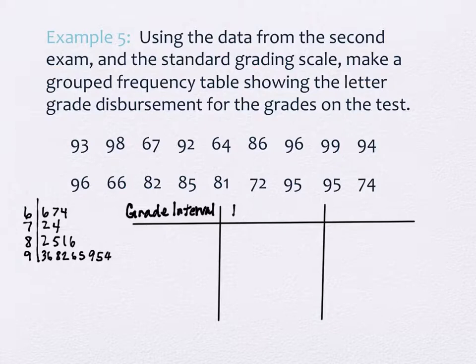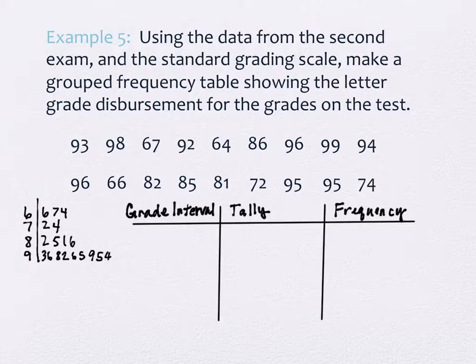The column in the middle is the tally column. And then the column on the right is the frequency column. Now we have the benefit in this one of having already made our stem and leaf plot. If you didn't, the tally column is much more evidently necessary than it is at the moment. Let's get our grade intervals and then I'll show you what I mean.